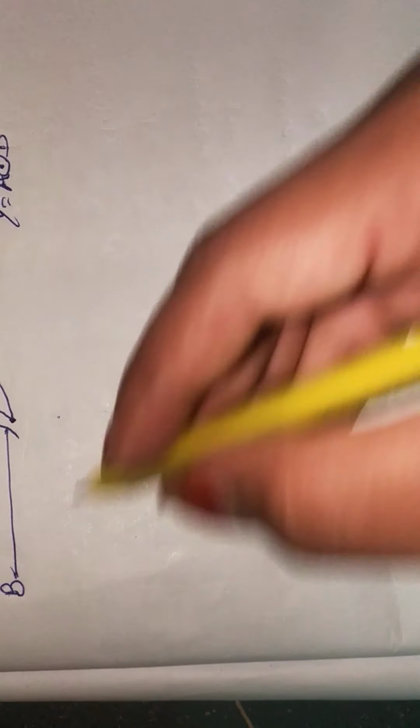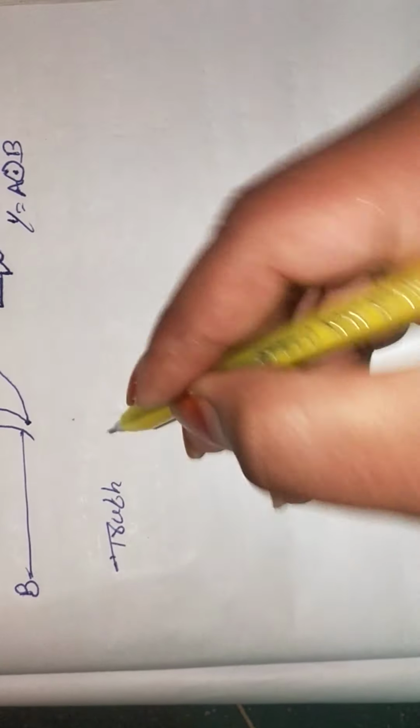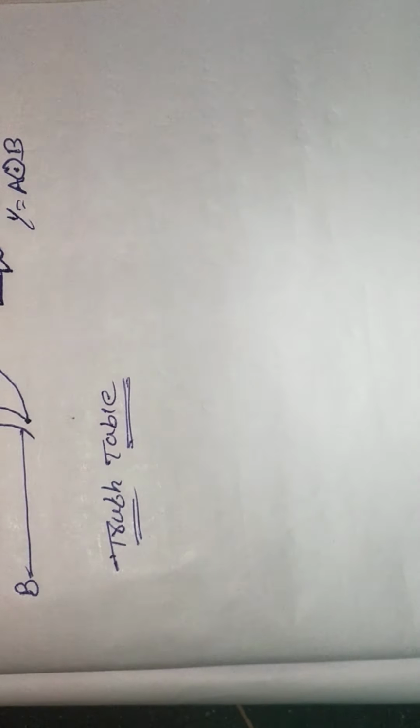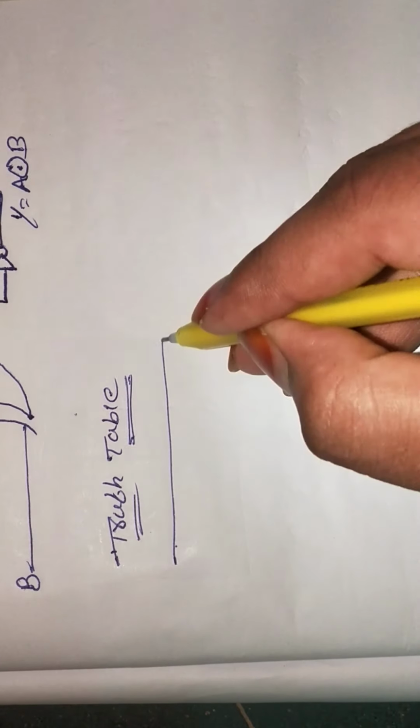Truth table of XNOR gate. The truth table consists of inputs and outputs.